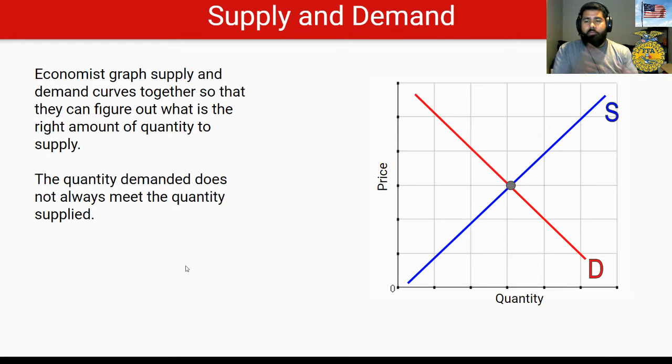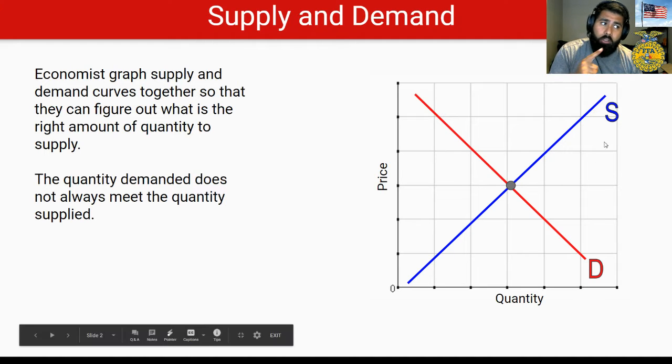All right, here we go. So when you graph supply and demand together, you get this right here. You get your demand curve, and remember, students, your demand curve will always be sloping downward, okay? Your supply curve, if you're the supplier, will always be sloping upwards, right? Because the more quantity that they want to sell, they want to make more money.